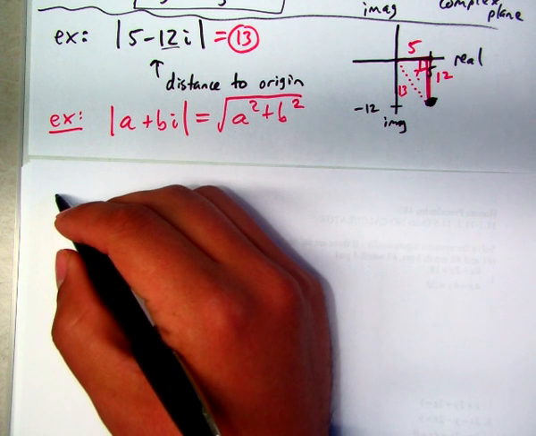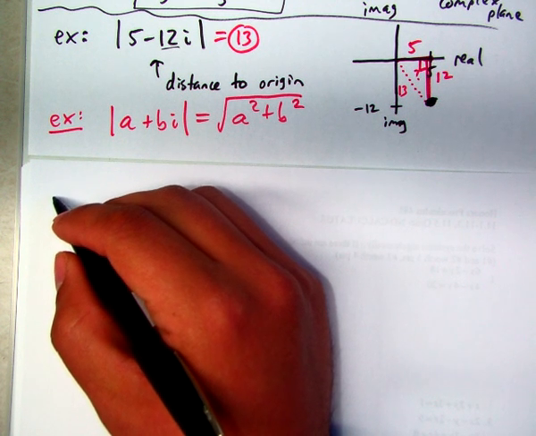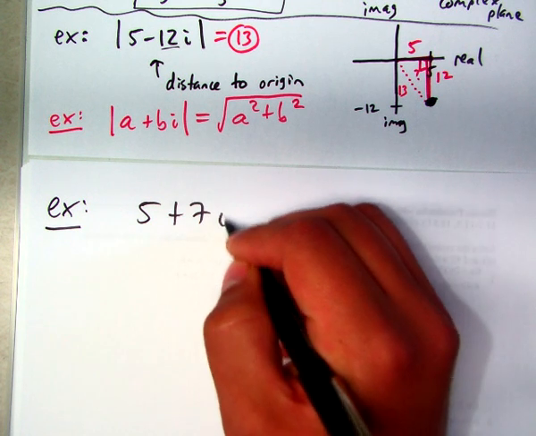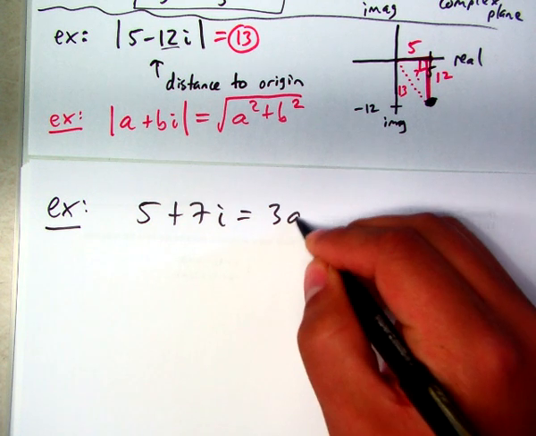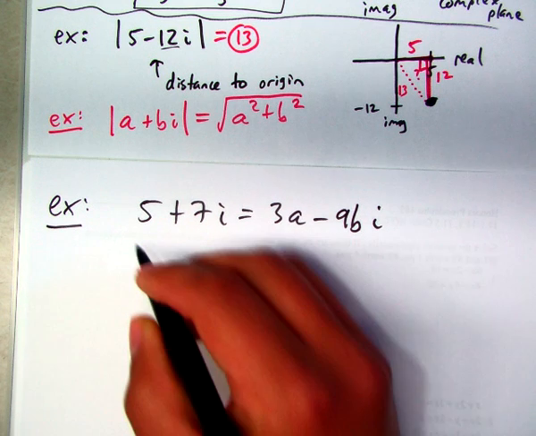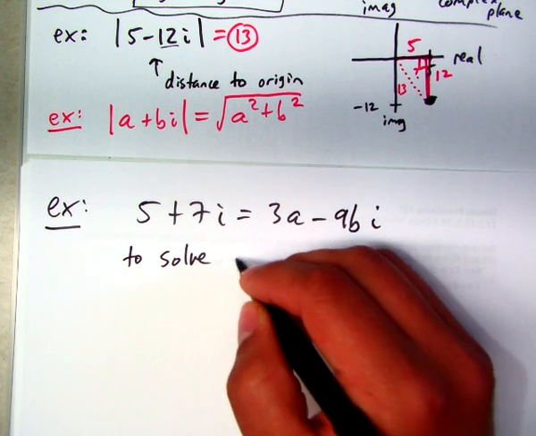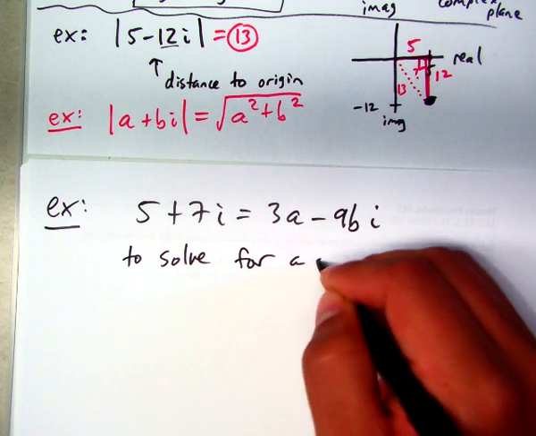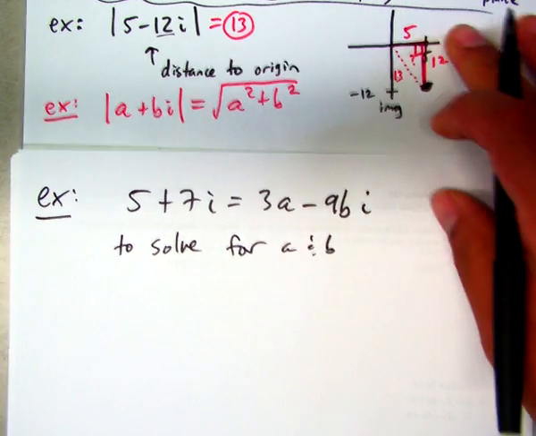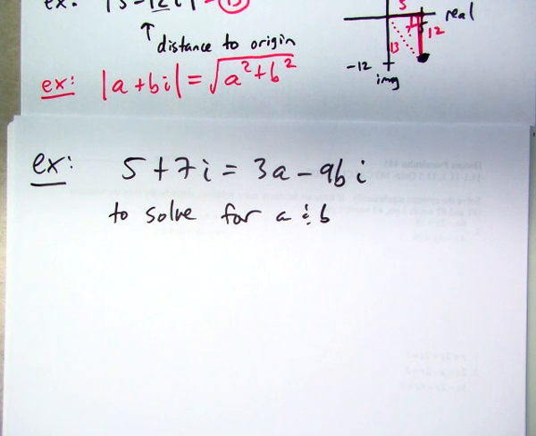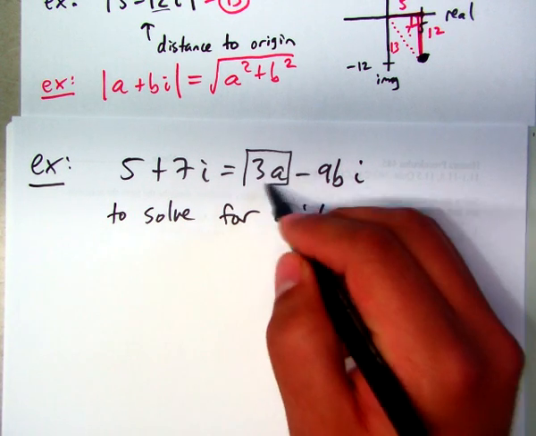Okay. What if I have 5 plus 7i equals 3a minus 9bi, and I ask you to solve for a and b? Any ideas? Just make 3a equal 5. Why does 3a have to equal 5?